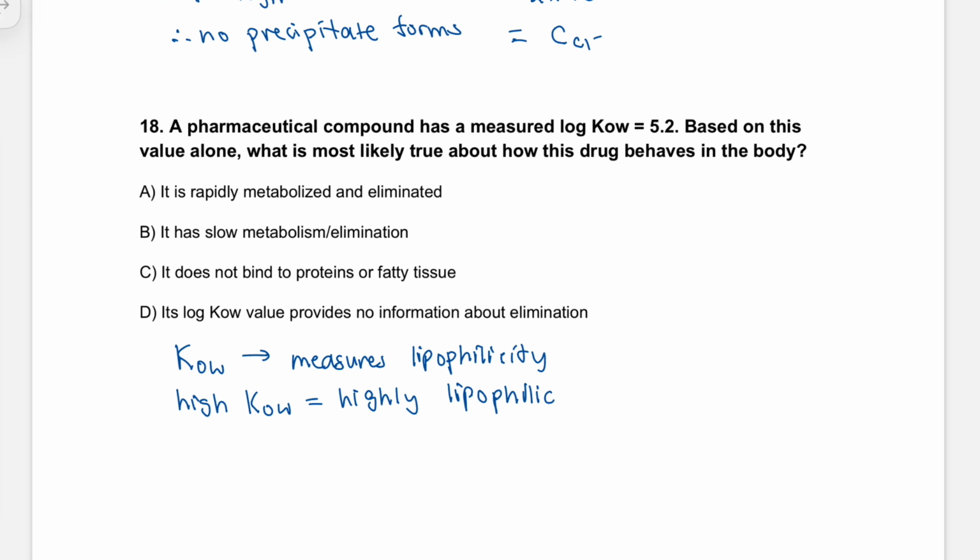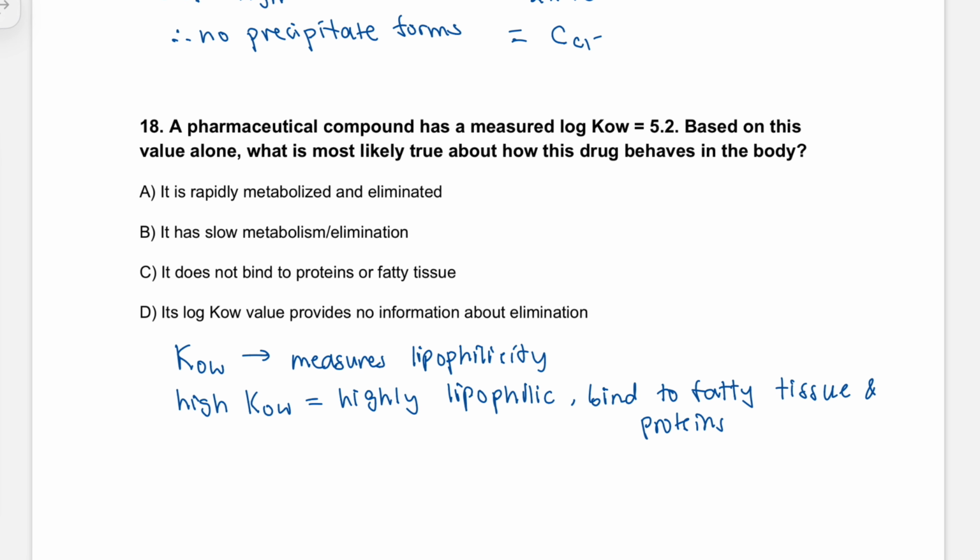Basically what this means is it's going to bind to the fatty tissue and proteins in the body. Because philic, remember, means liking. So if it's lipophilic, it likes lipids. That's why it binds to fatty tissue and proteins.